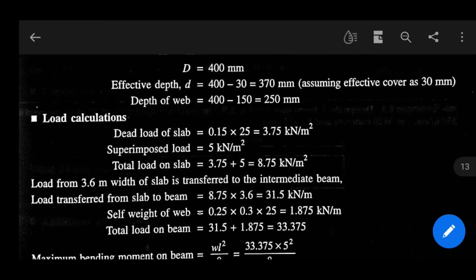So total load on the beam will be 31.5 plus 1.875, that is equal to 33.375.